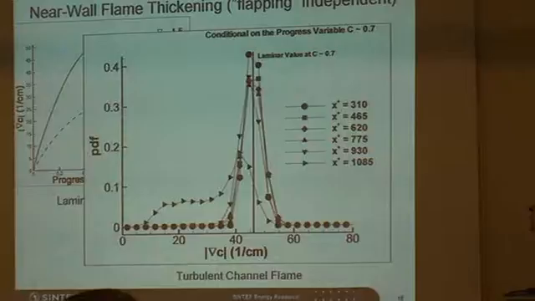Jim, I'm just a little confused. You say the brush is thickened. Yes, that we saw. But now, is this the time averaged value of the gradient of C? In other words, is this the thickness of the individual flamelets within the brush? No, this is not within the brush. This is conditional on the progress variable, only in this position.